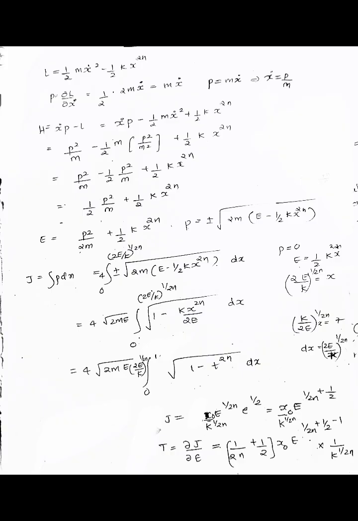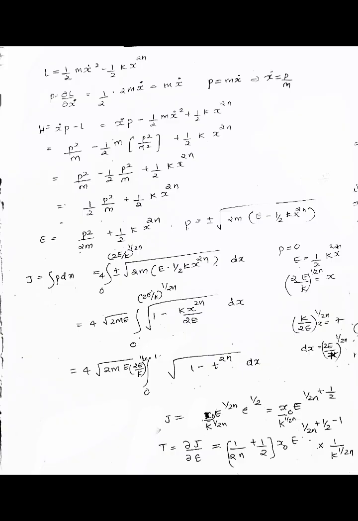Then j is equal to the integral of p dx, that is equal to 4 into the integral from 0 to (2e/k)^(1/2n), because in p is equal to plus or minus square root of 2m into (e minus half k x^(2n)), if we put p is equal to 0, then e is equal to half k x^(2n), then (2e/k)^(1/2n) becomes x.